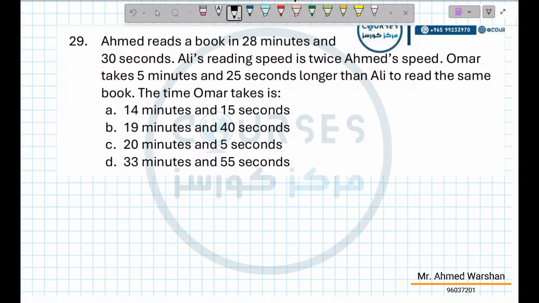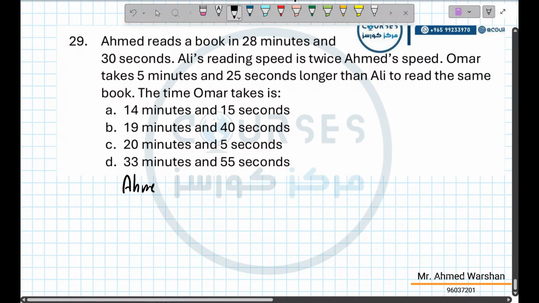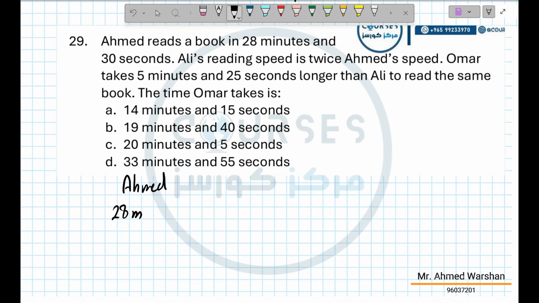Ahmed reads a book in 28 minutes and 30 seconds. So that's Ahmed. He reads the book in 28 minutes and 30 seconds. Ali's reading speed is twice Ahmed's speed. Listen carefully. If someone is twice as fast, it means they are taking half the time.